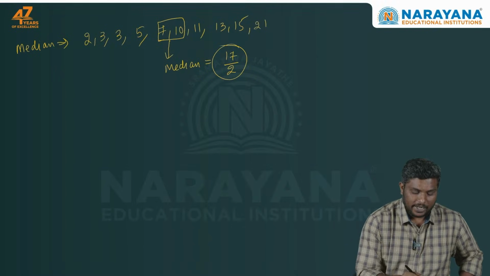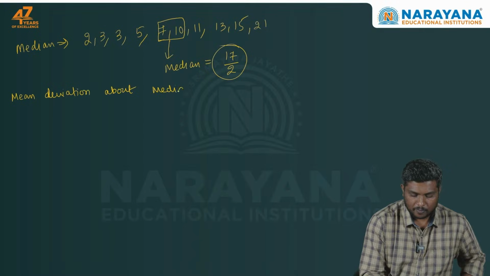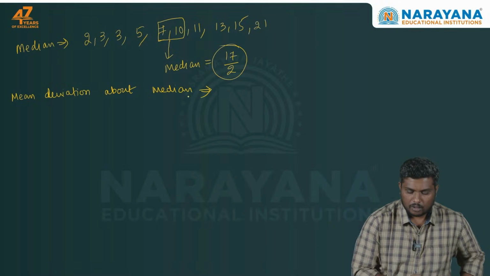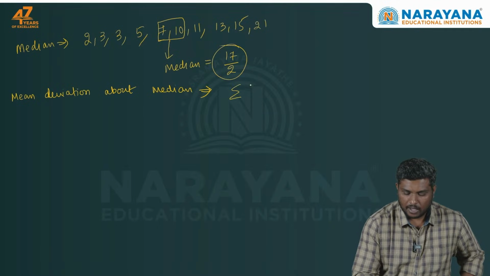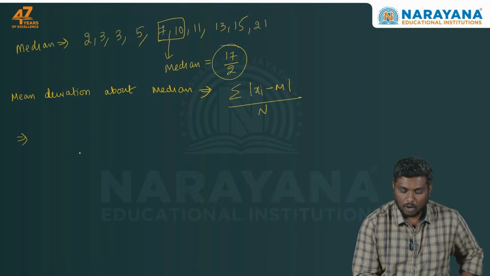Now what is the mean deviation formula? Mean deviation about median is once again sigma of mod xi minus M, divided by n.